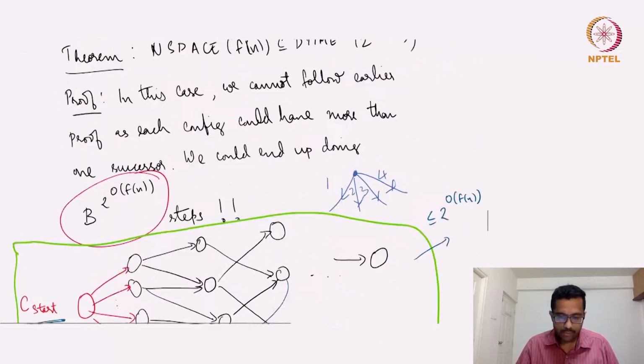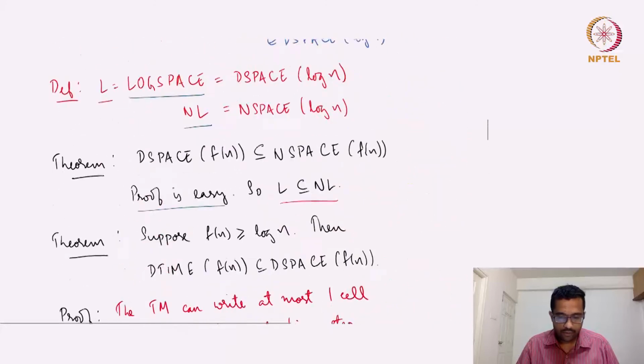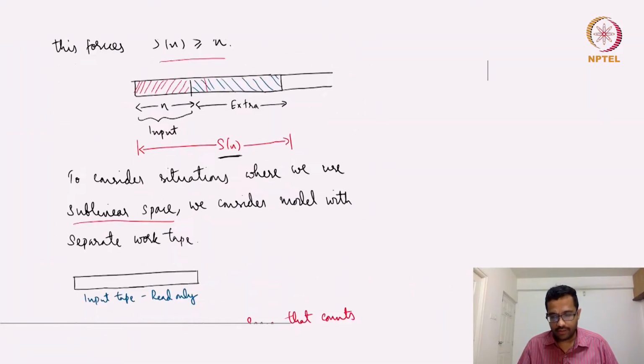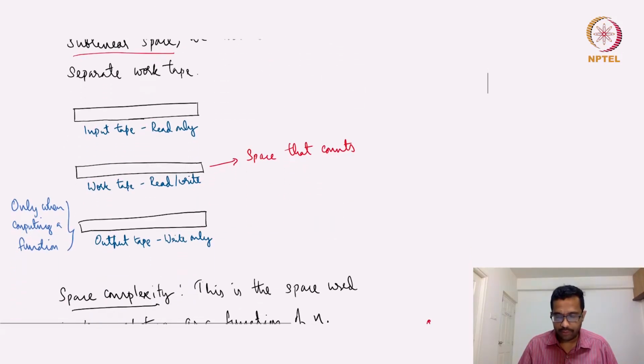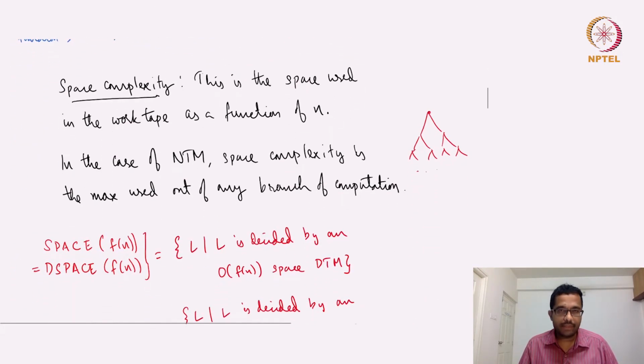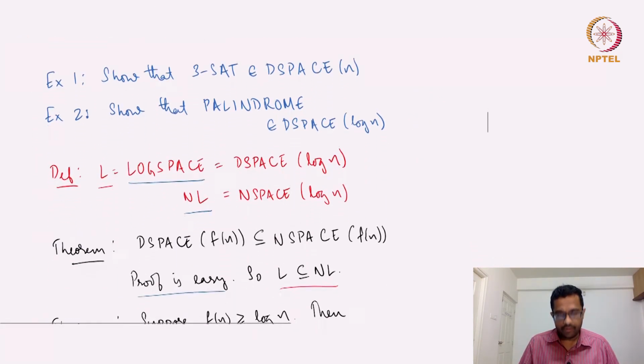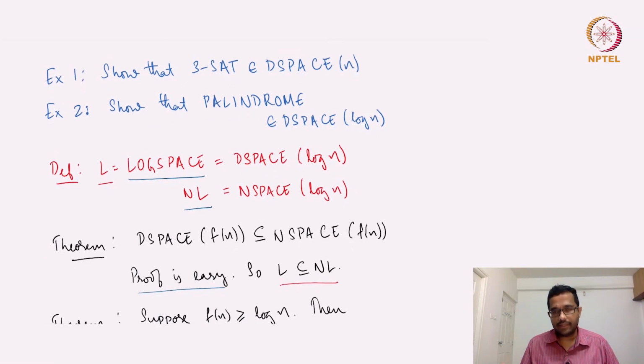Just to summarize what we saw, we saw the space complexity model, which is the input tape, work tape, and output tape. We formally defined space complexity classes DSPACE of f(n) and NSPACE of f(n). We said L is DSPACE of log n and NL is NSPACE of log n.